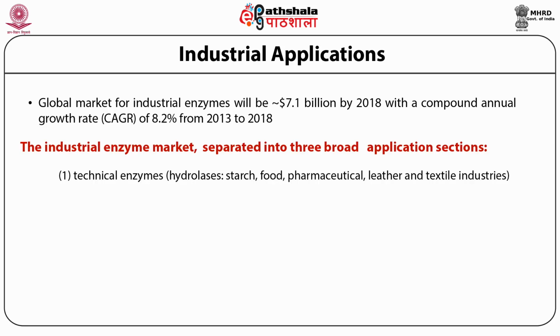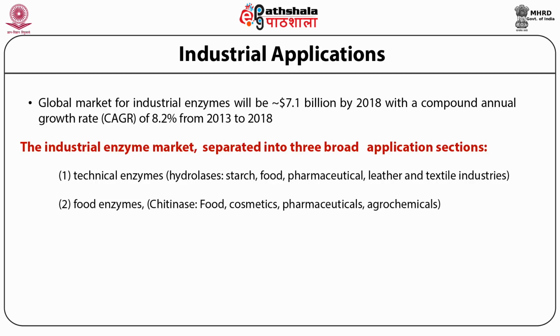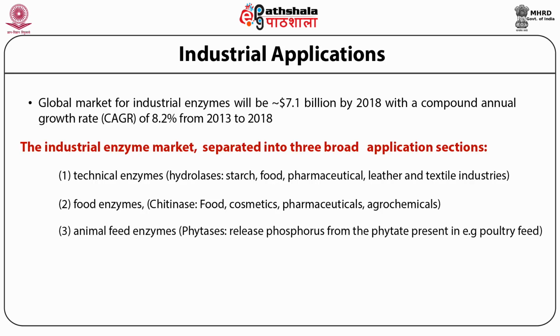The second very important section is food enzymes, for example chitinase, used in food, cosmetic, pharmaceutical, and agrochemical industries. The third section is animal feed enzymes, for example phytases, which release phosphorus from the phytate present in, for example, poultry feed. All these 3 sections combined are serving the industrial requirements to their full capacity.